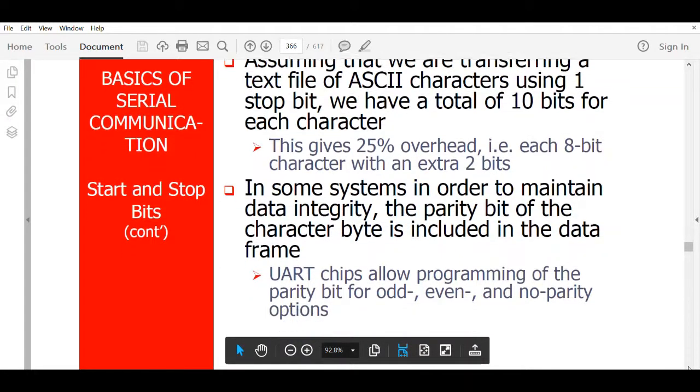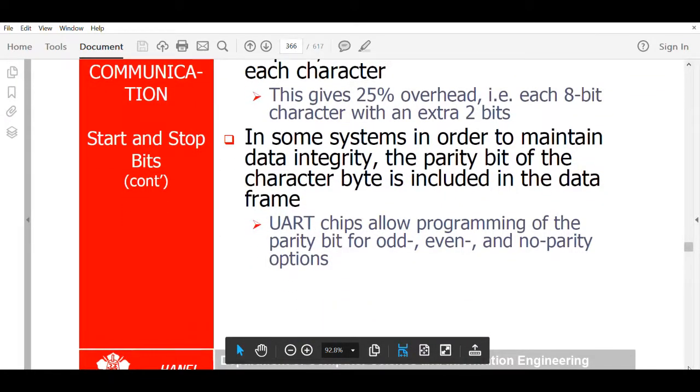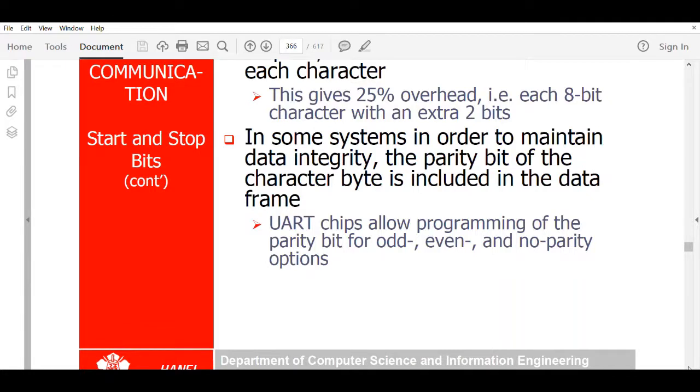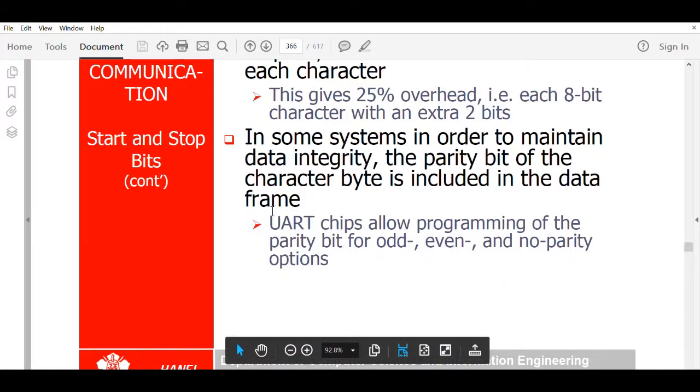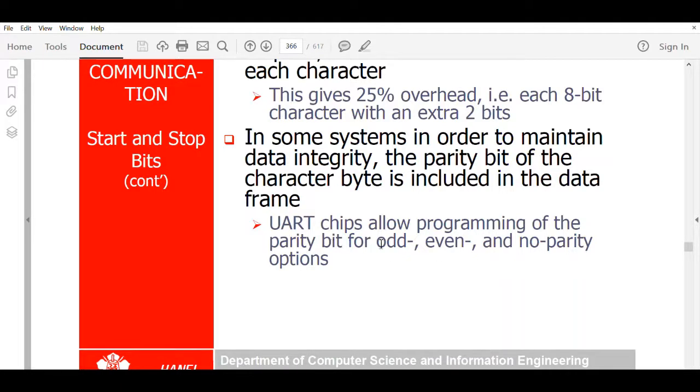If there is a parity bit in addition, the overhead will be even more. We talked about UART. If you are using UART, you have parity options for odd parity, even parity, and no parity.